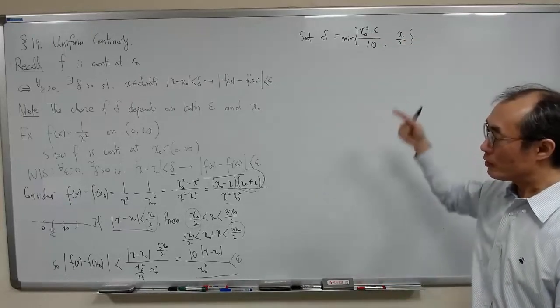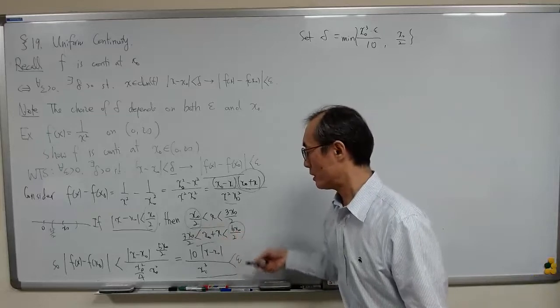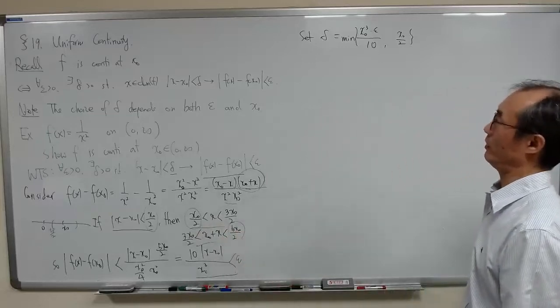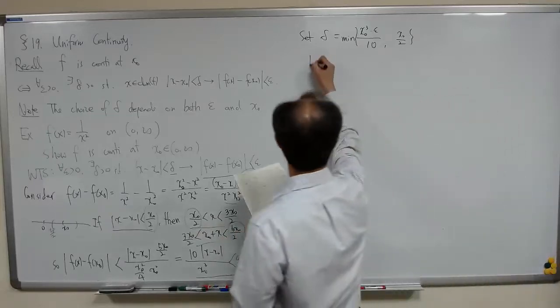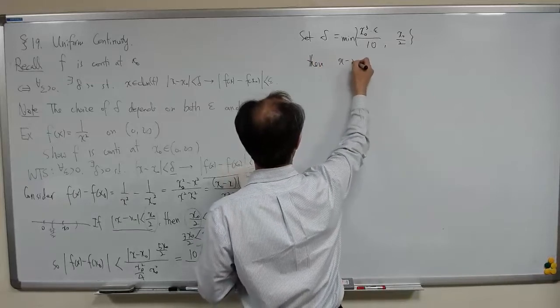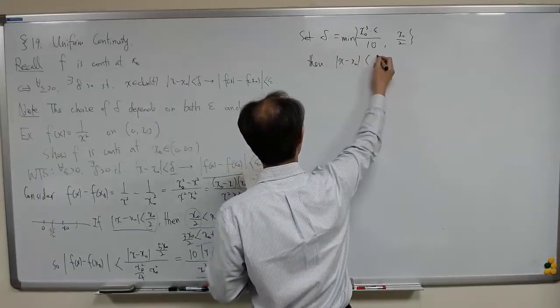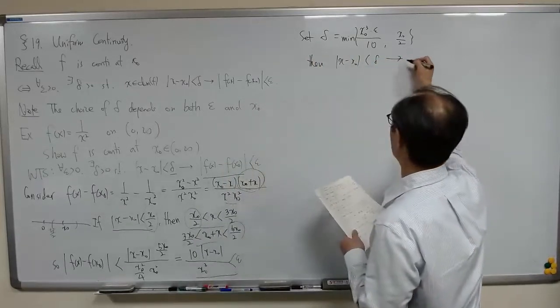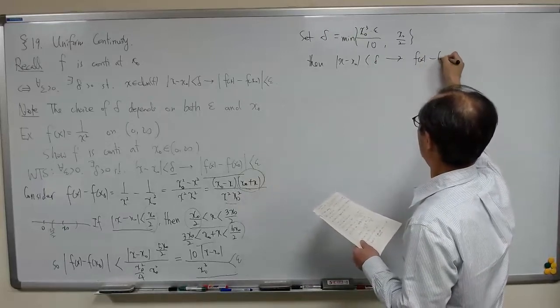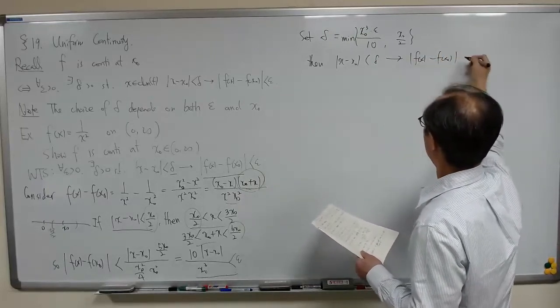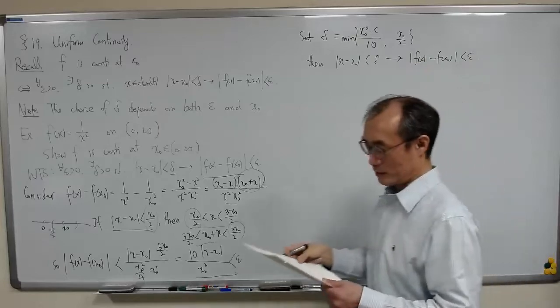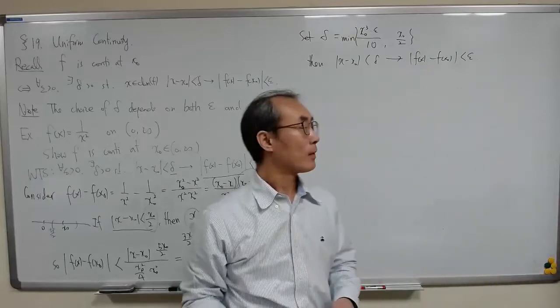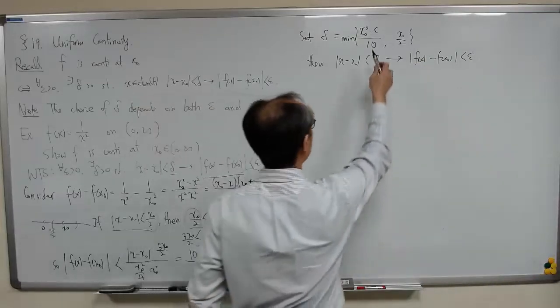Then you can use those conditions and this estimation simultaneously. And if the distance between x and x naught is smaller than delta, we have this estimation. This difference is bounded by epsilon.